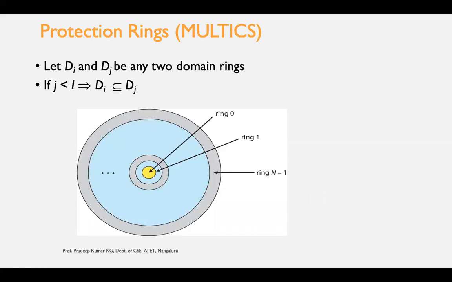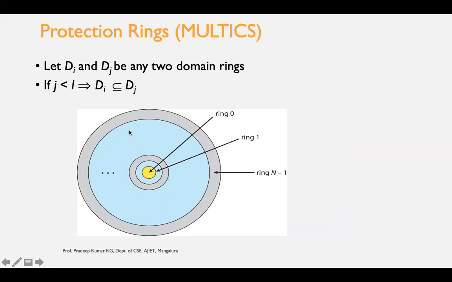The domain is nothing but it may be a group, it may be a set of procedures, or it may be a set of processes. So now with respect to protection ring, or in general we may call it Multics, consider over here ring 0 pointed in the center, ring 1, the outer one, outer to ring 0, and so on.